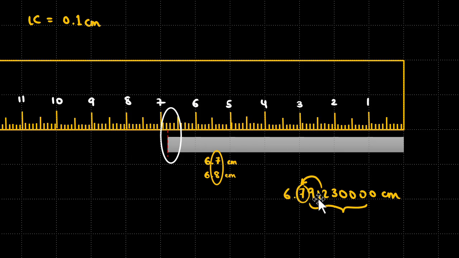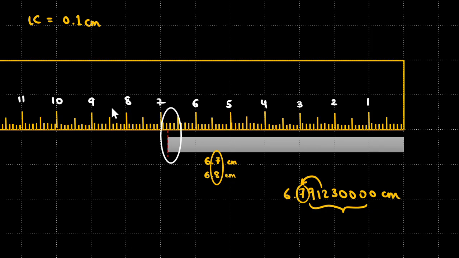Still you're not quite sure, because the actual value was 6.7912 something something. But you got closer since your least count decreased. If you remember our previous lecture where we talked about accuracy and precision, the lower the least count, the greater the precision. That's why least count and precision are very closely related.